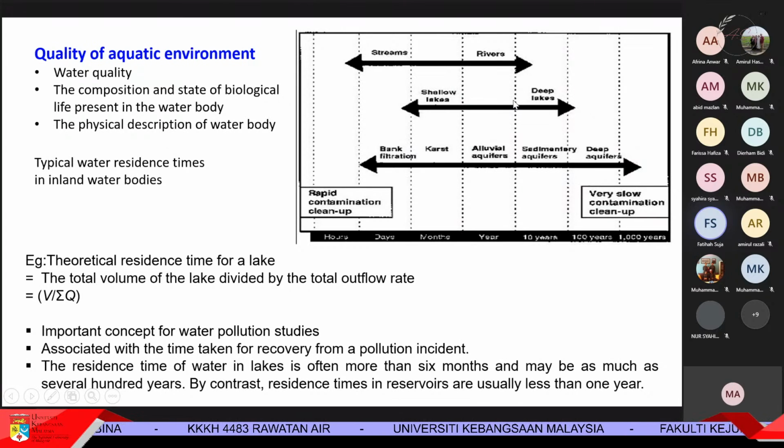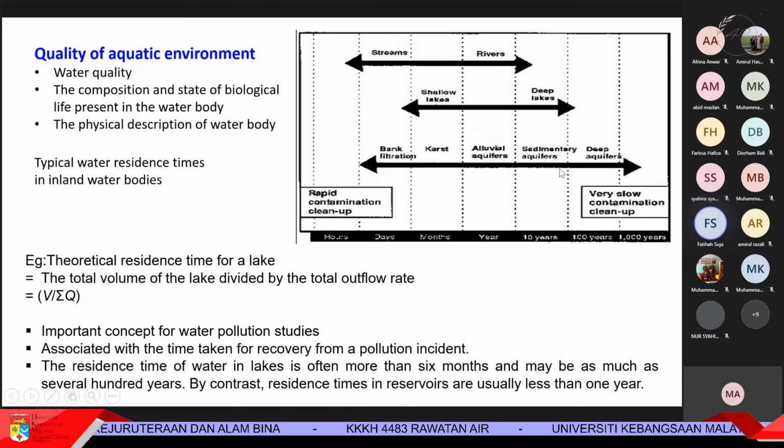You can see that streams, rivers, shallow lakes, bank filtration, karst, alluvial aquifers, sedimentary aquifers and deep aquifers have different residence times that can go into 100 years or 1000 years for deep aquifers.